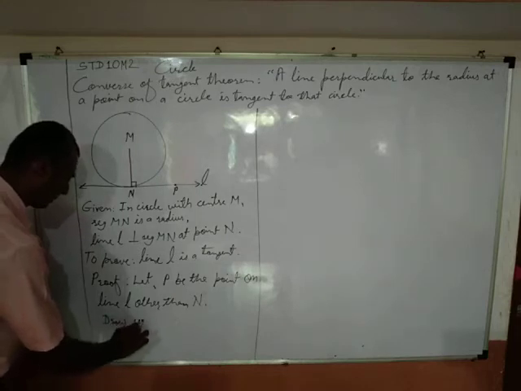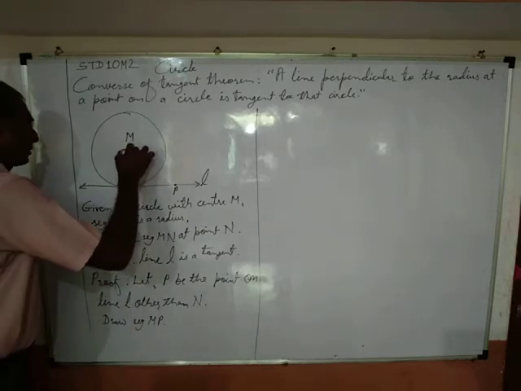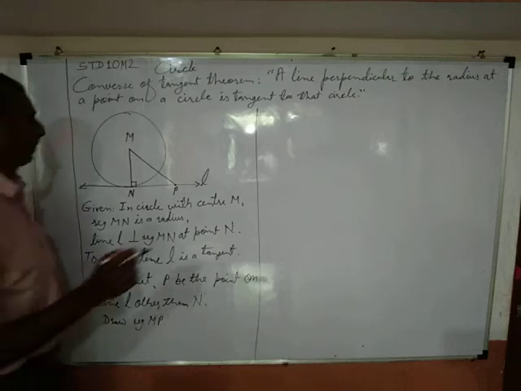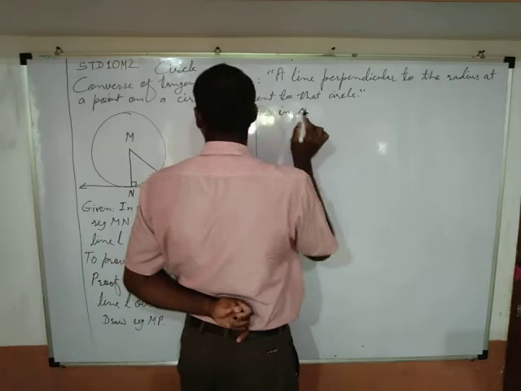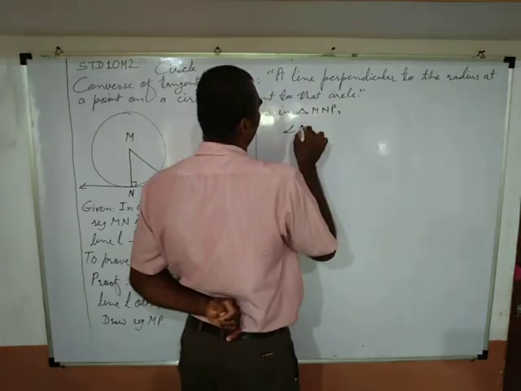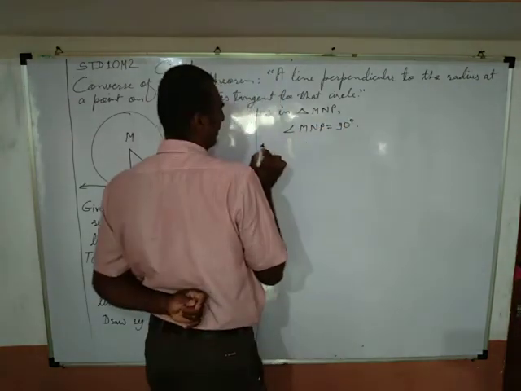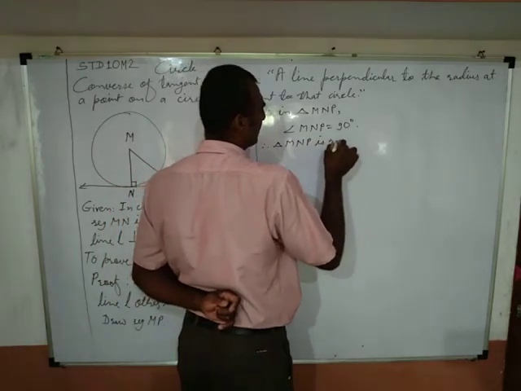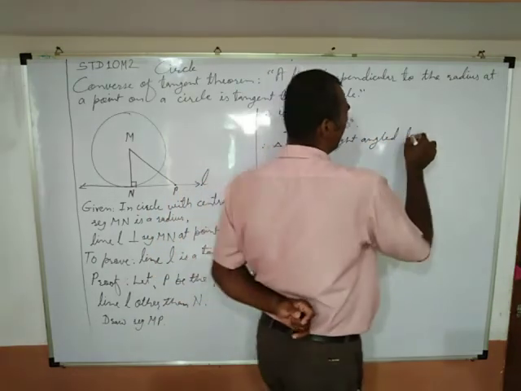And therefore, in triangle MNP, angle MNP equals 90 degrees, and therefore triangle MNP is a right angled triangle.